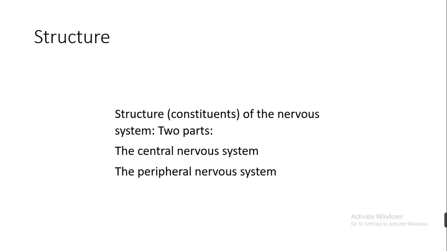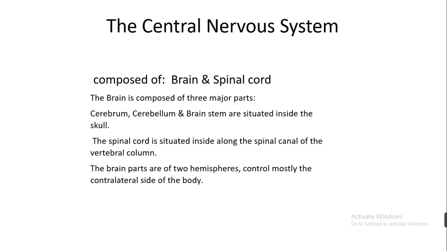The central nervous system has cavities inside it, and these cavities we call the ventricles. In these cavities, there is a watery fluid circulating and washing the outer part of the brain and the spinal cord. We call it the cerebrospinal fluid.